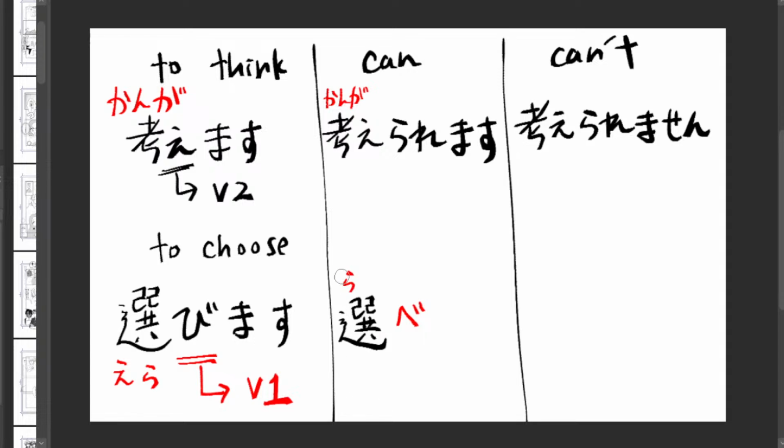選べます. And if you want to say I can't choose, 選べません.